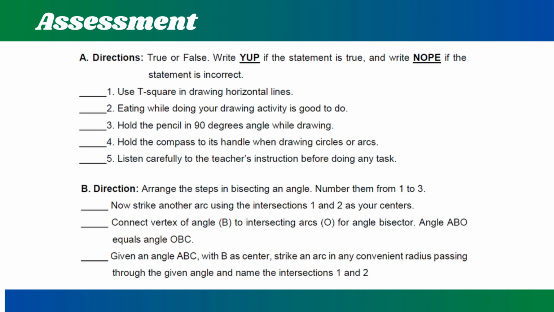Angle ABO is equal to angle OBC. Given an angle ABC with B as the center, strike an arc in any convenient radius passing through the given angle and name the intersections 1 and 2. So again, arrange the steps in bisecting an angle with the use of numbers 1 to 3.